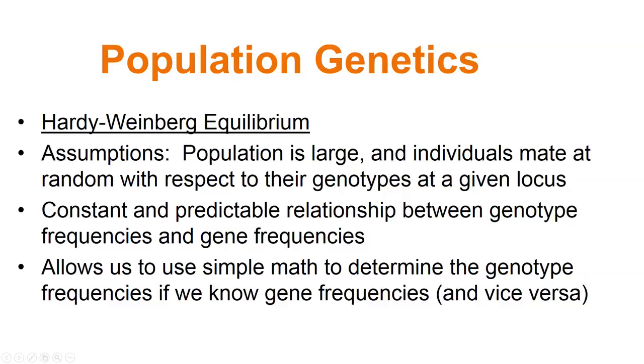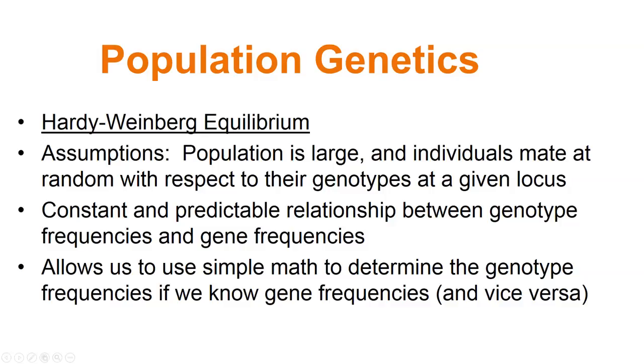But in order to use it, you have to make some assumptions. The population is large, and individuals mate at random. You know that's not always true, right? Individuals don't just go around mating at random, at least not normally. There are also other assumptions, that genes aren't coming in and genes aren't leaving, and things like that. But if you assume all those things, you can make a constant and predictable relationship.